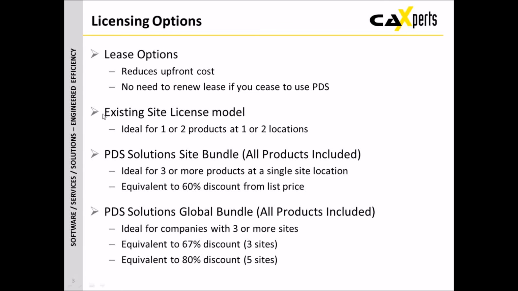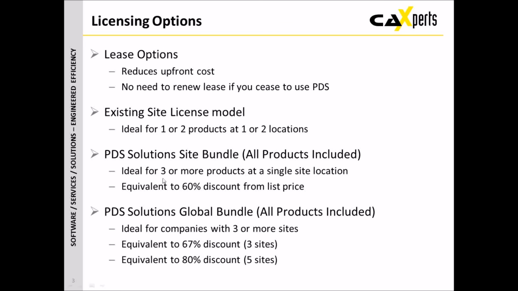We have an existing licensing model which is based on sites. So we license a product for a single site for unlimited users. And if you're interested in 1 or 2 products at 1 or 2 locations, this makes perfect sense to go down that track. But what we recognize is that there's a lot of people still wanting to get some value out of PDS and increase the productivity on projects that you are committed to.